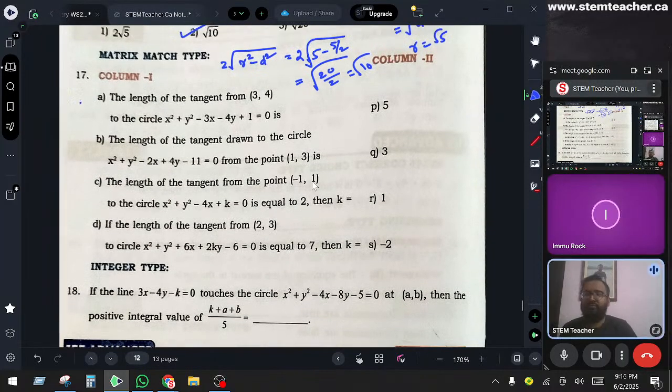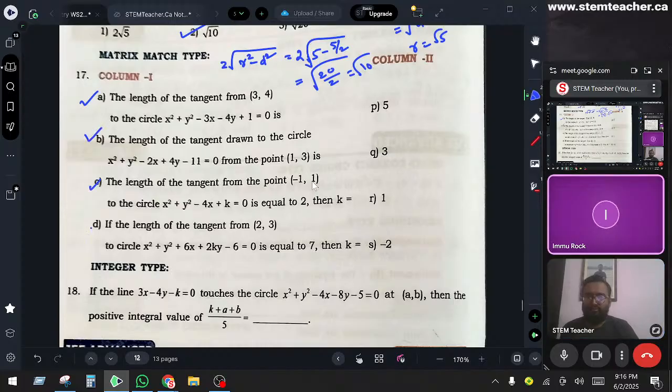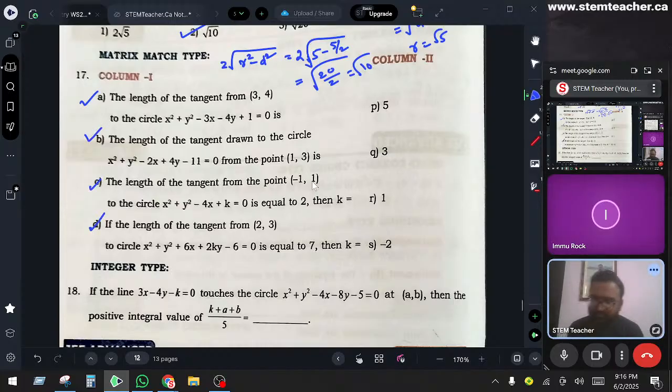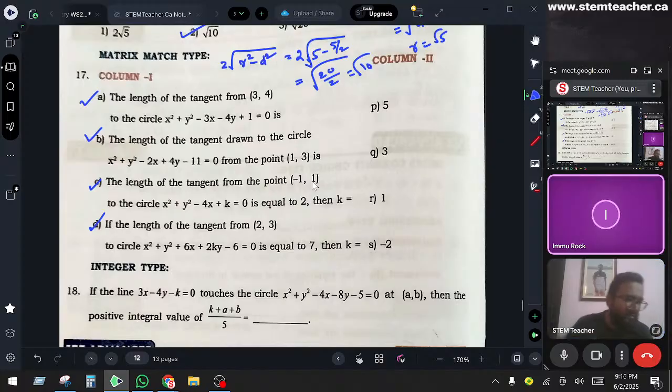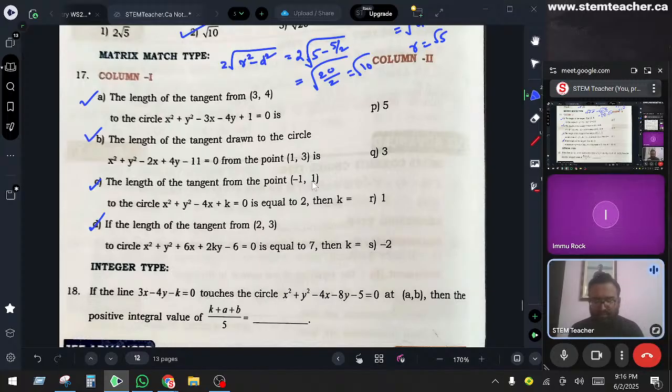इसको फटाफट करो. सबके सब एक ही फॉर्मूला है. Evaluate it, what is the formula? What is the formula to be used?